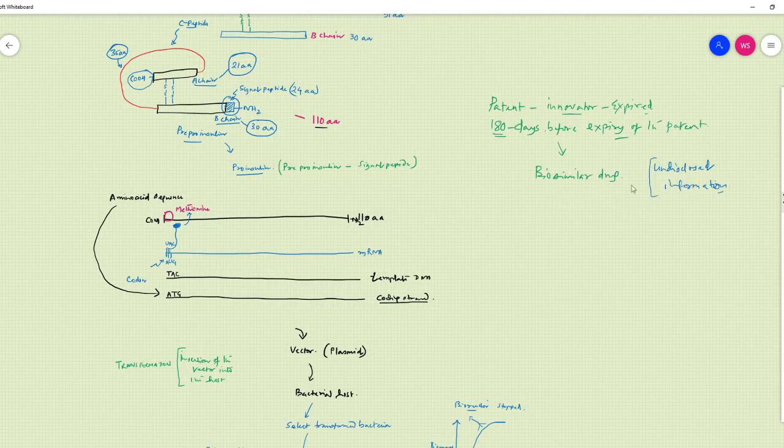But another company is now trying to produce it without this information. Okay. So there is undisclosed information about what are the constituents of the media. Okay.